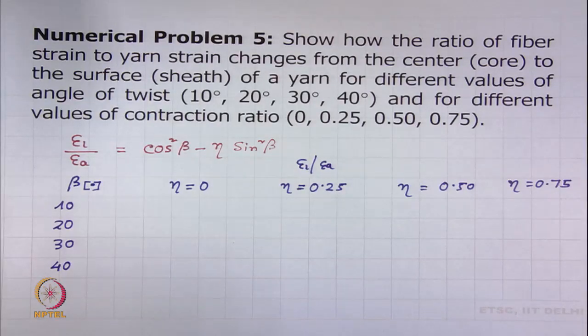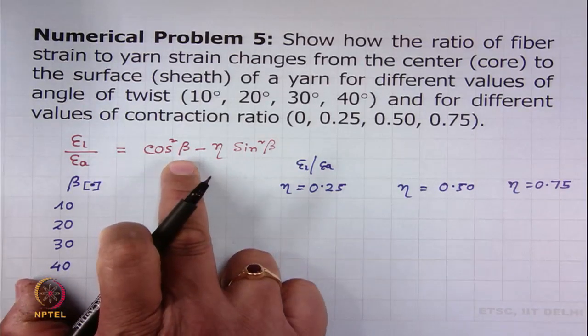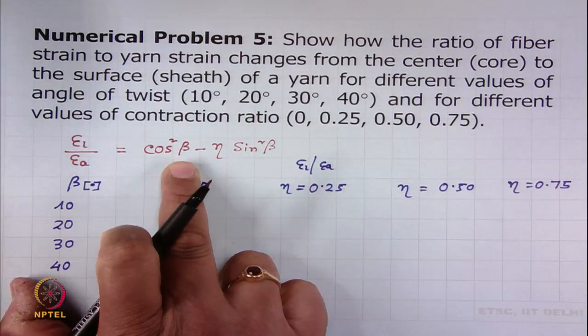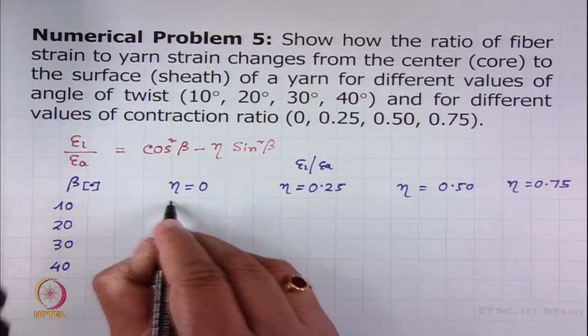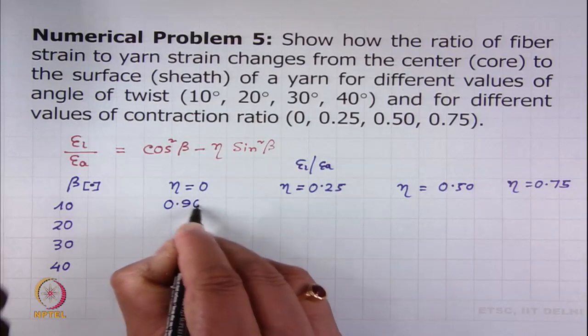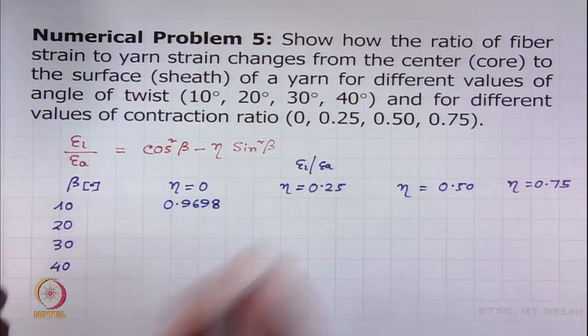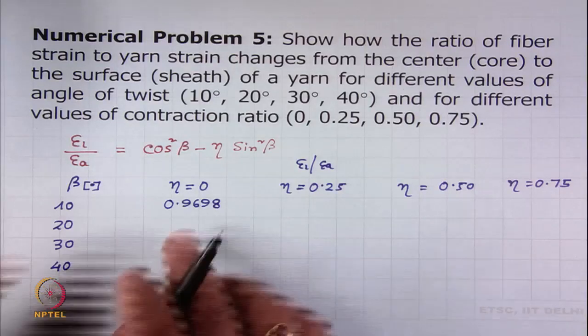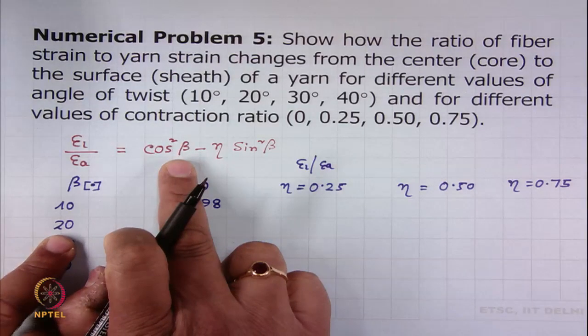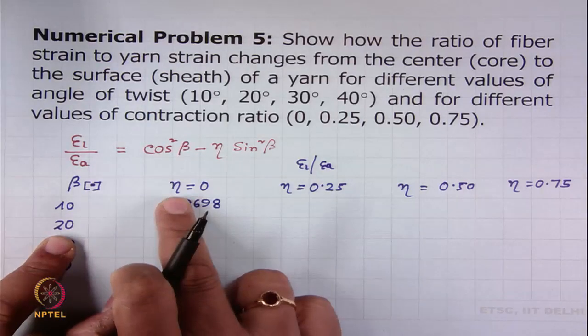Now, we substitute beta 10 degree and eta 0. So, you will obtain this value 0.9698. Then we substitute beta 20 degree here and eta 0.